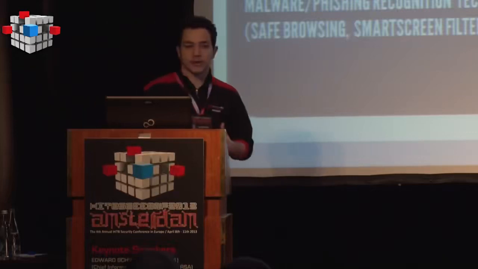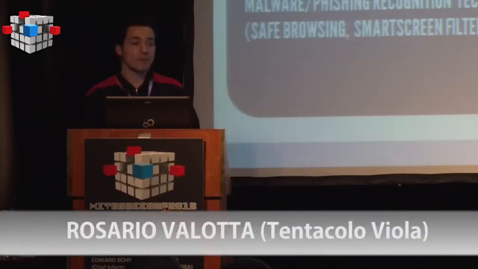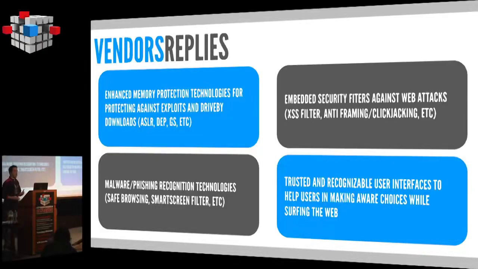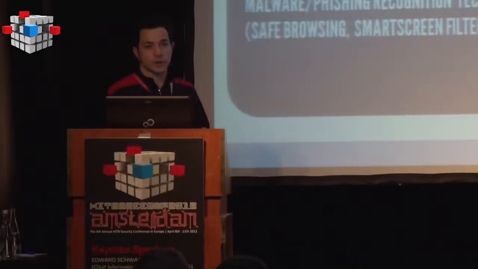The second area is protection from web attacks. So cross-site scripting, clickjacking, and here the technologies are XSS filters, embedded, for instance, in Internet Explorer or Chrome, or anti-framing technologies. For instance, the X-Frame-Options header is supported nowadays by all mainstream browsers.